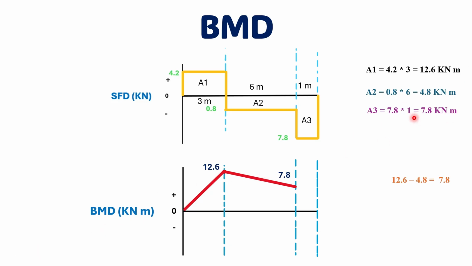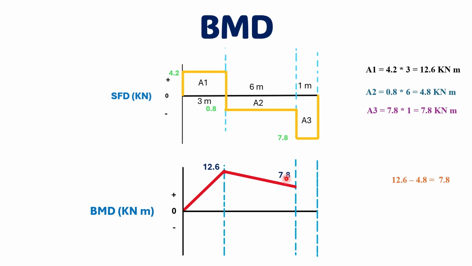Now the next step is to subtract area 3, 7.8, from this 7.8. Why minus? Because it is below the main line, so it is negative.